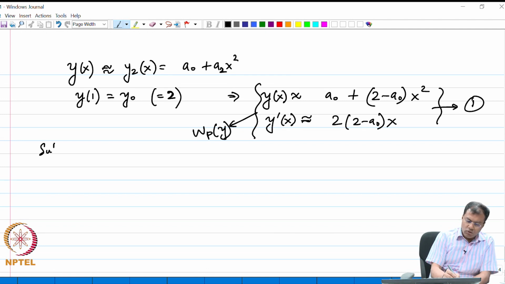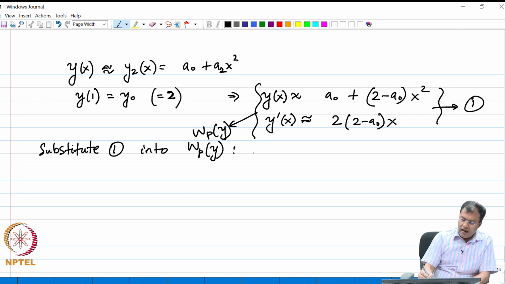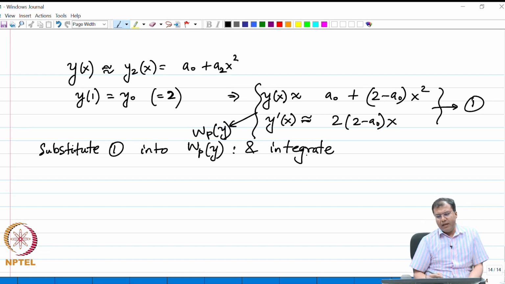So, we substitute 1 into our functional W_p of y and integrate. We can very clearly integrate with respect to the variable x.